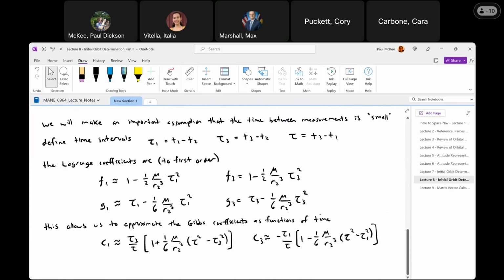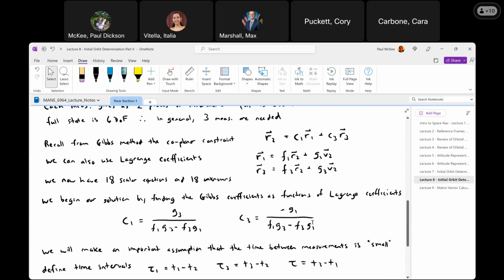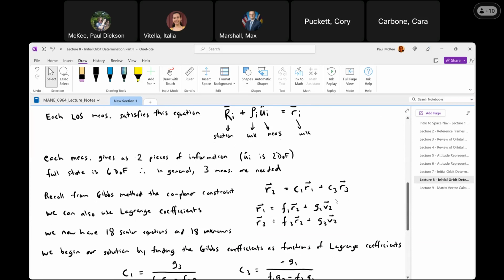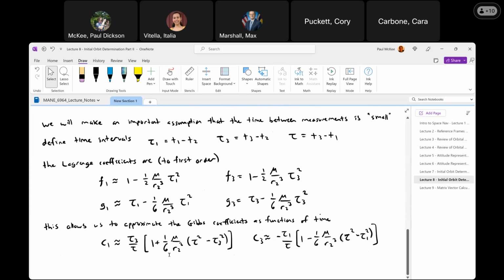Oh, but wait a minute. We run into a problem, right? The vector R2 is some function of the vector R1 and the vector R3. We don't know the vector R1 and we don't know the vector R3. And C1 and C3 are both functions of time and the scalar R2 cubed. So we're not out of the woods yet. We've still got some work to do, but this is a good step in the right direction.